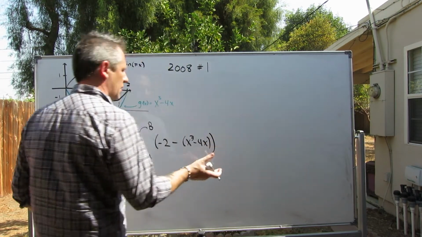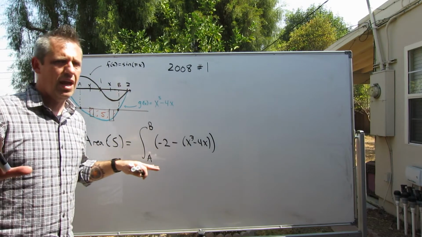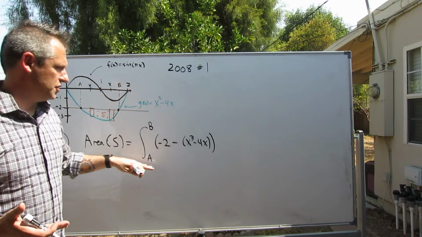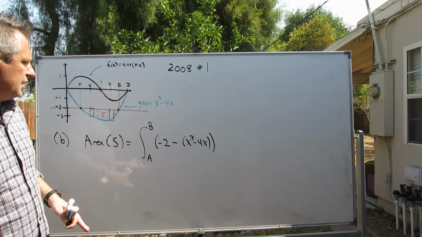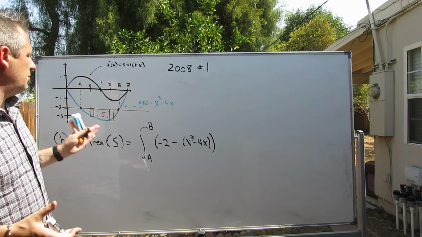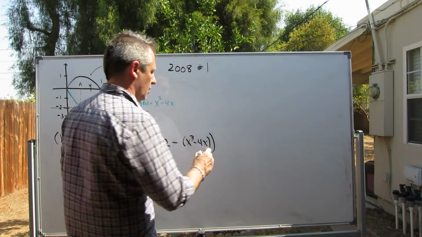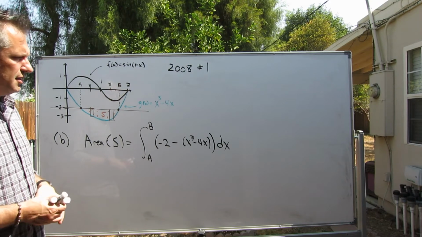That would literally be this height, the top number minus the bottom number. Even though they're both negative, it doesn't matter. The top one is less negative than the bottom one, so this is going to end up being a positive number, which is the height of my rectangle. And then that gets multiplied by the width of each one of these rectangles, which is a delta x that becomes dx. And so ultimately, this is the integral that I need to solve.